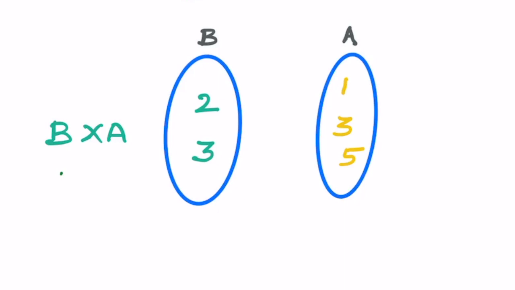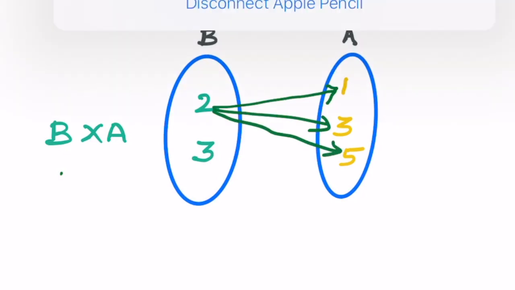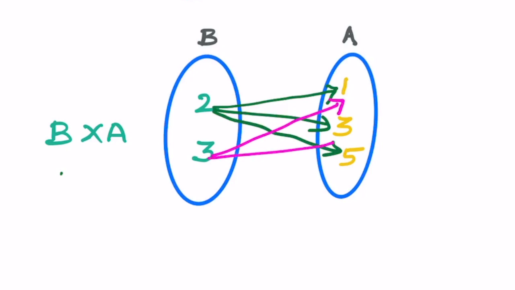Now, let us associate every element of B with all the elements of A. So, now let us take the element 2 and associate it with 1, 3 and 5. Now, let us take the element 3 of B and associate it with 1, 3 and 5.